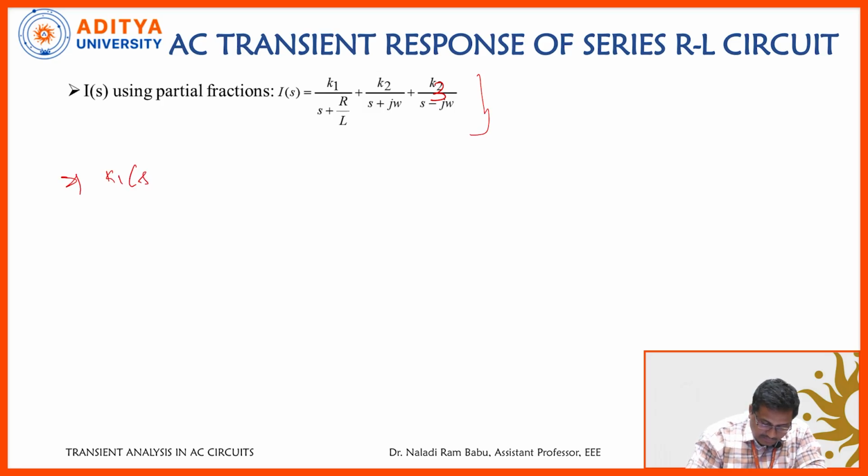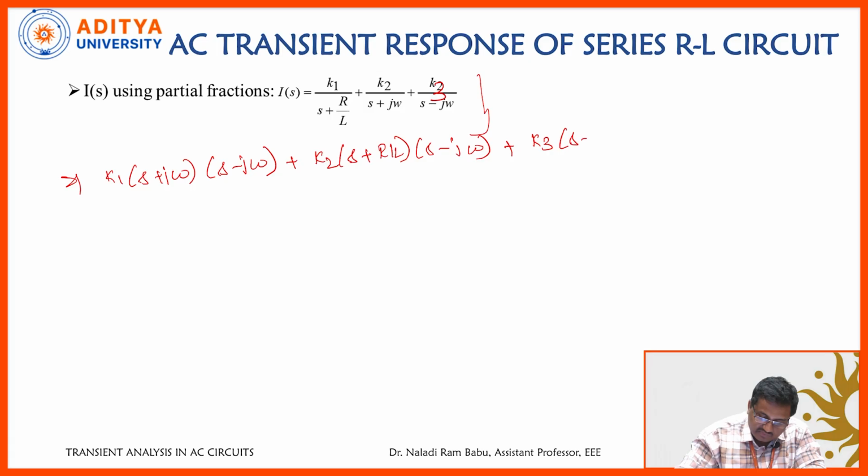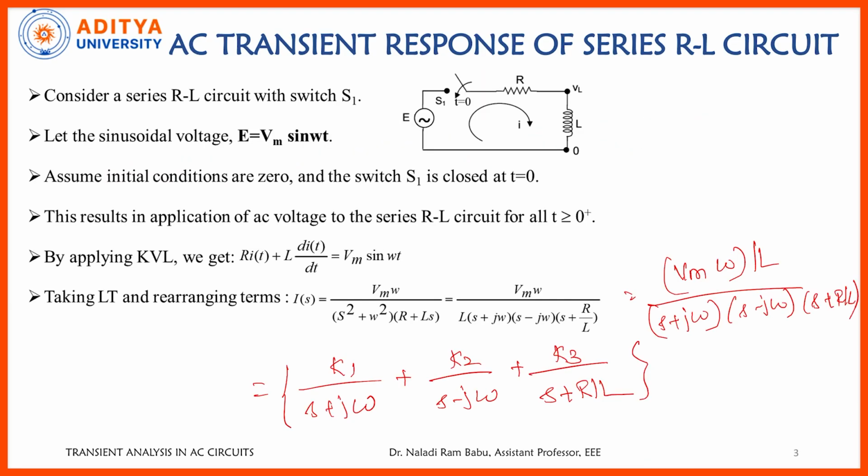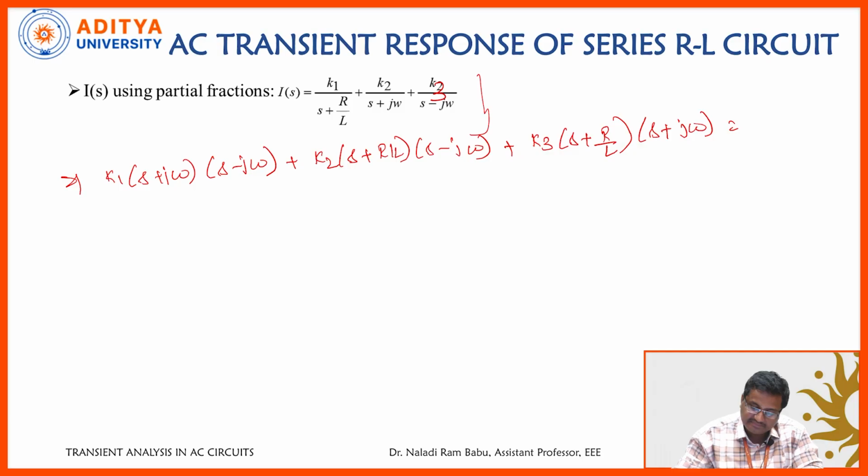K1 into S plus j omega into S minus j omega plus K2 into S plus R by L into S minus j omega plus K3 into S plus R by L into S plus j omega, which is equal to Vm into omega by L. So the denominator part will be cancelled on both sides. Okay. Now I am multiplying this one further.